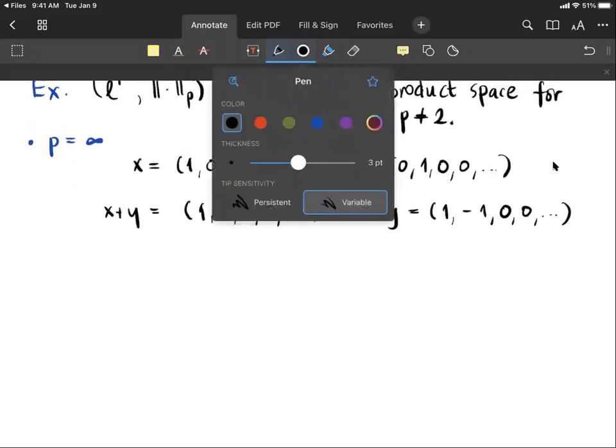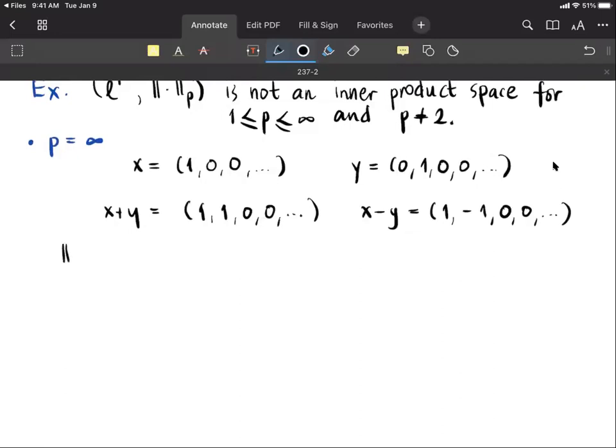So if we compute the sup norm of x plus y squared plus the sup norm of x minus y squared, take note that by definition, the sup norm is the largest absolute value. In this case, it's always 1. You square that, you also get 1. So both of these are 1, and hence we have 2.